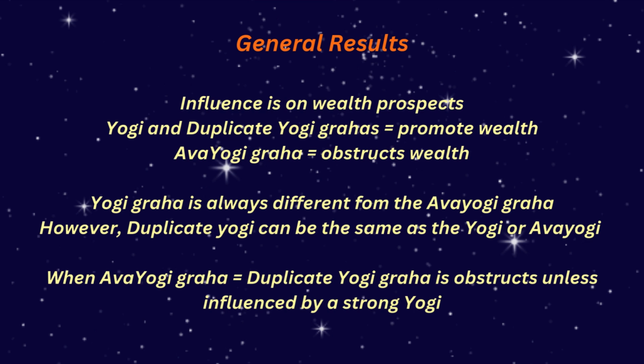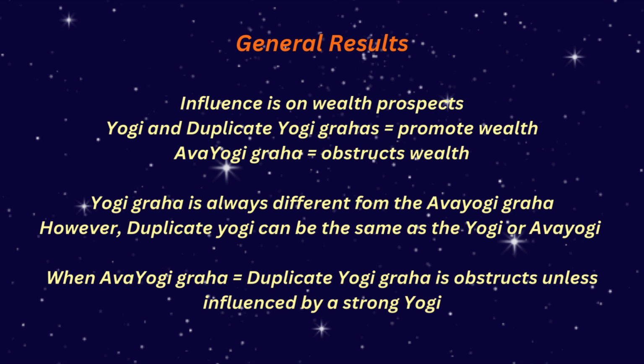For example, let's say the Yogi point is at 1 degree in Pisces. That falls in Purva Bhadrapada, a nakshatra ruled by Jupiter, and Pisces is also ruled by Jupiter. So in this case, both the Yogi and the duplicate Yogi are Jupiter. This is a case of confluence, both promoting wealth, amplifying the potential for prosperity if Jupiter is strong in the chart.